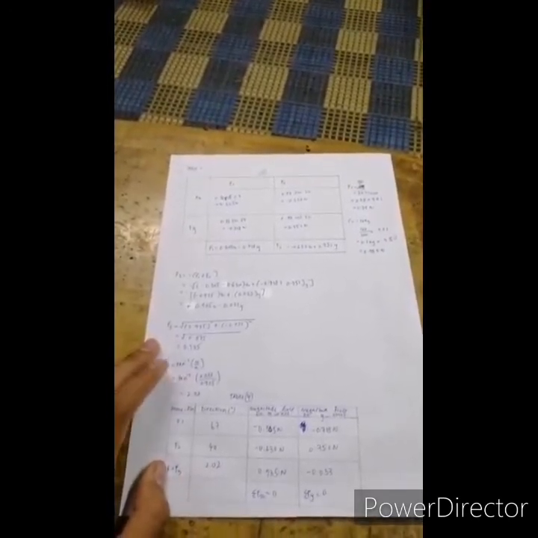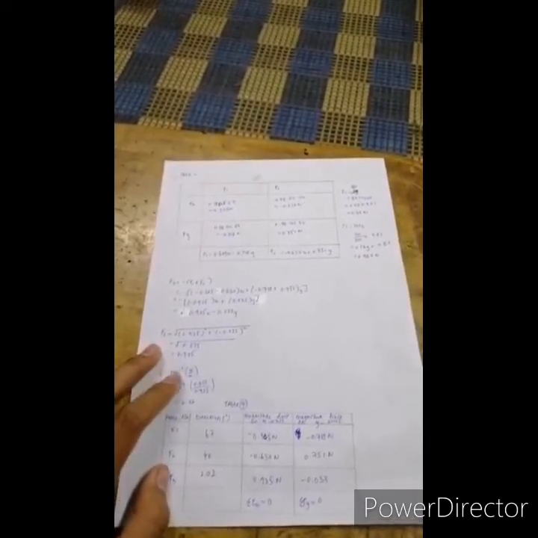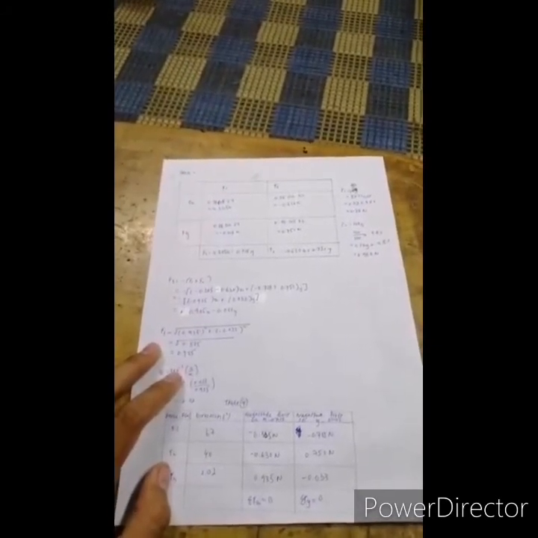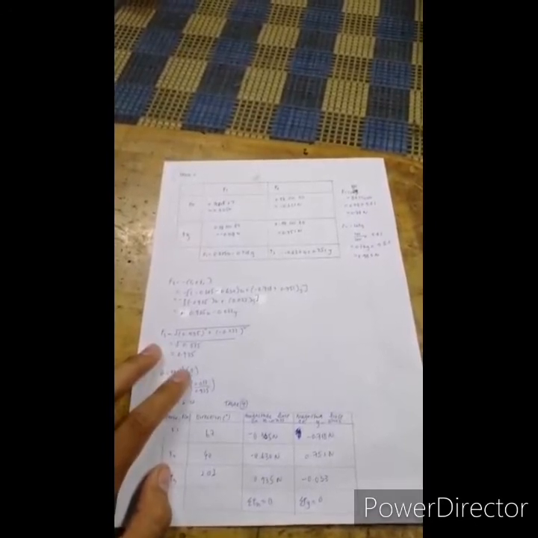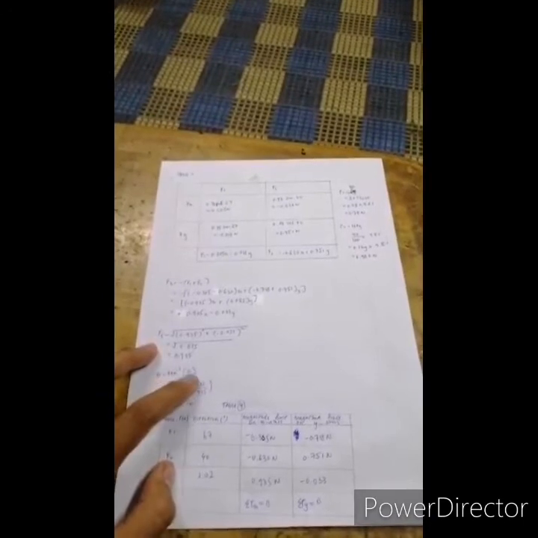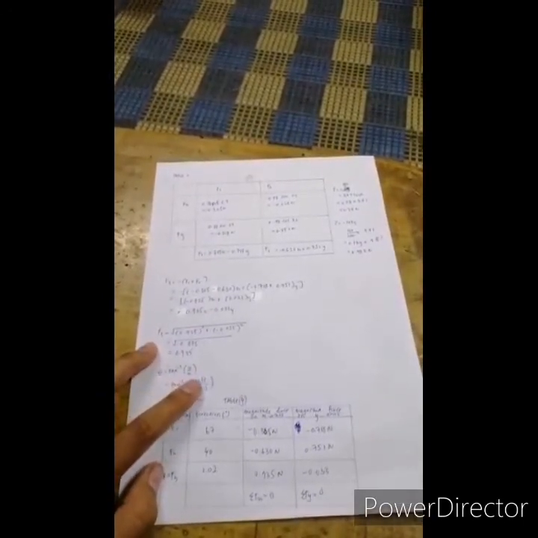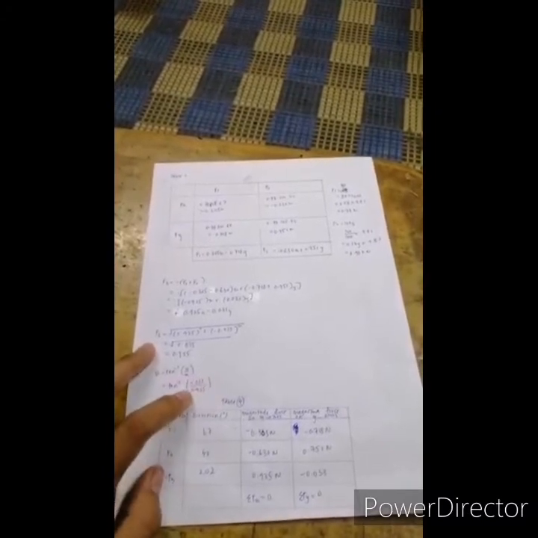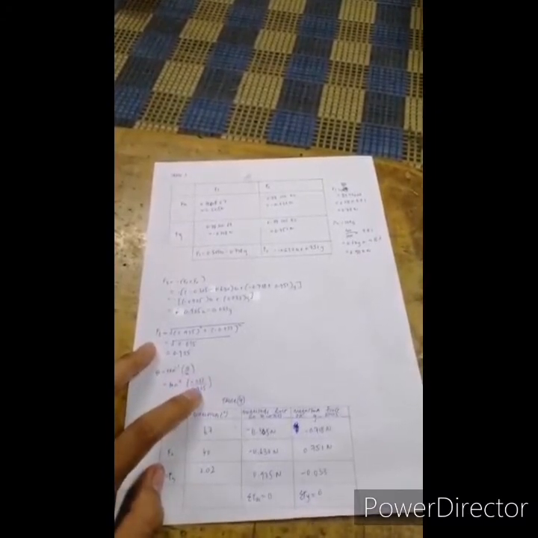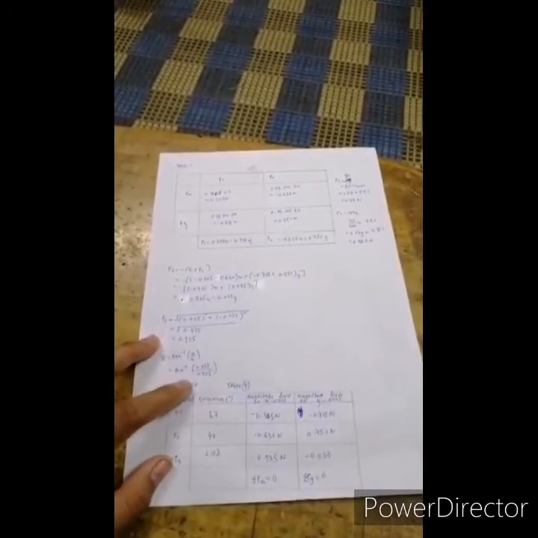To find the theta, equal shift tan bracket y over x bracket: shift tan bracket 0.033 over 0.935 bracket, and the answer is 2.02.